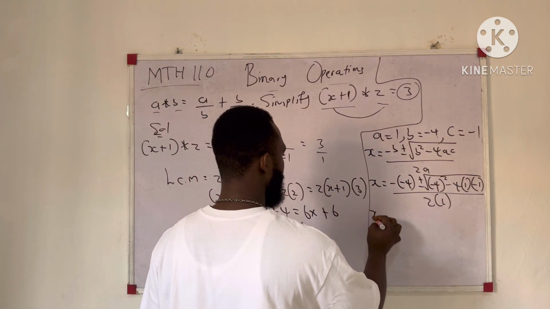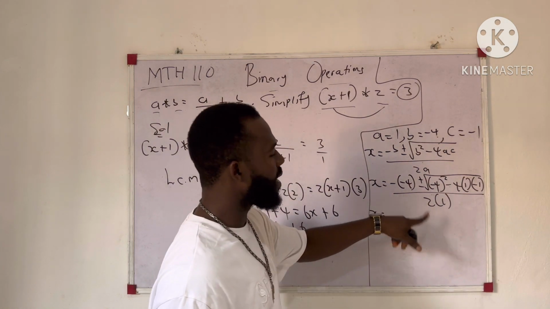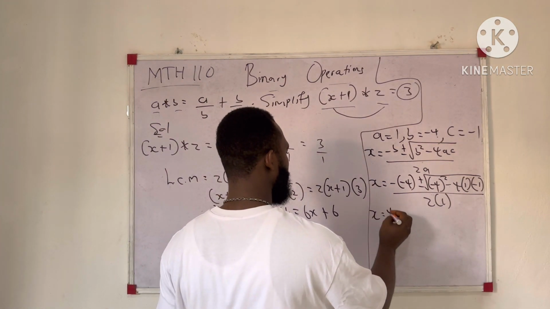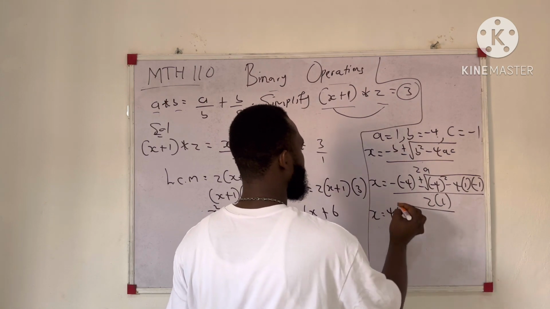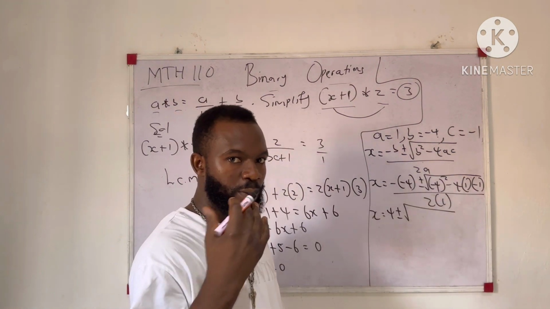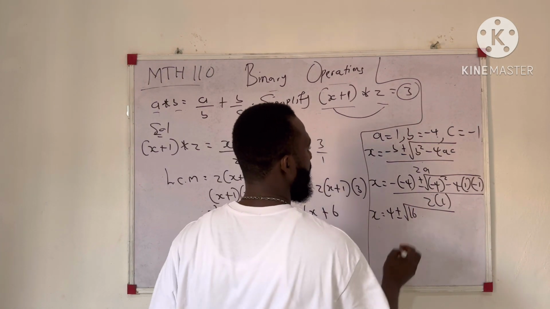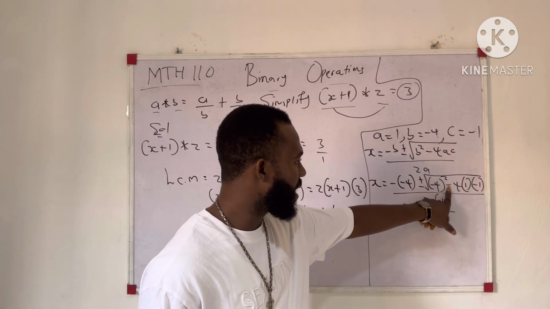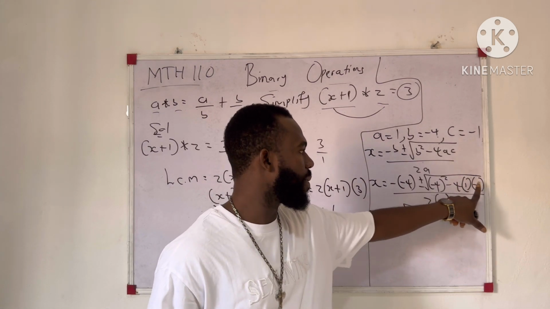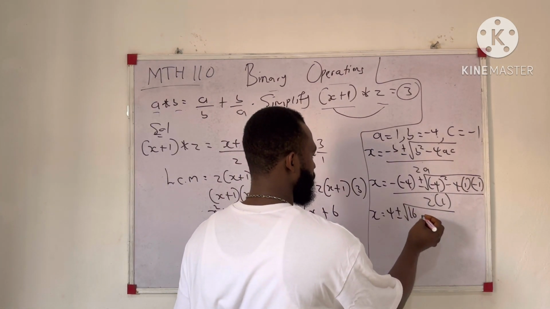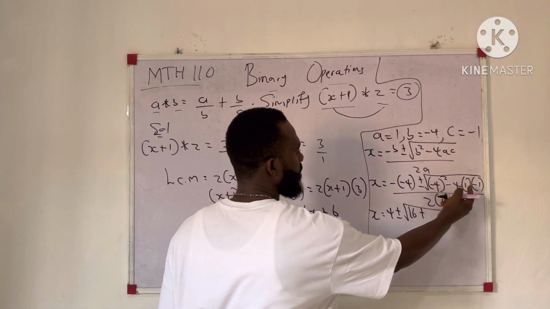Here becomes x is equal to, now minus times minus 4 gives us a positive 4, plus or minus square root of, minus 4 raised to the power 2 is minus 4 times minus 4, which is a positive 16. Alright. Now I have minus times minus. Now minus times minus here gives us what? Plus. Now 4 times 1 gives us 4.